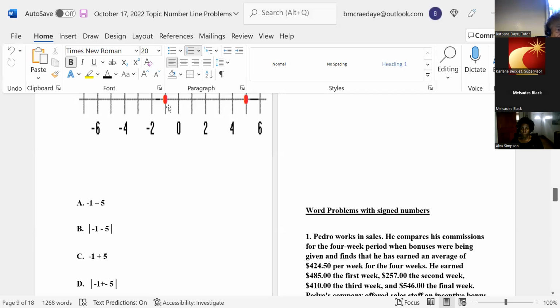Well, count them. You have a dot here and a dot here, right? 1, 2, 3, 4, 5, 6. Got it? So which one of these gives you an absolute value of 6?